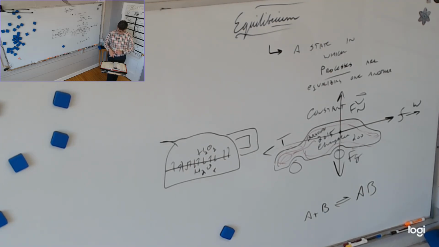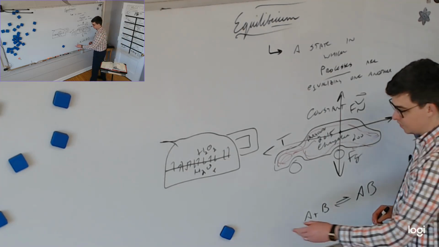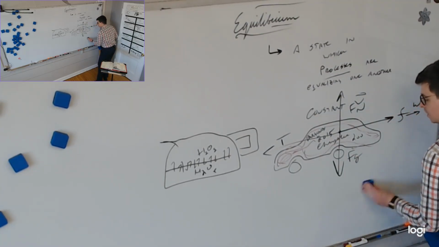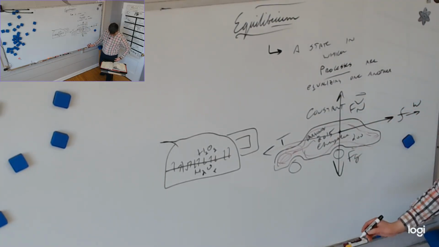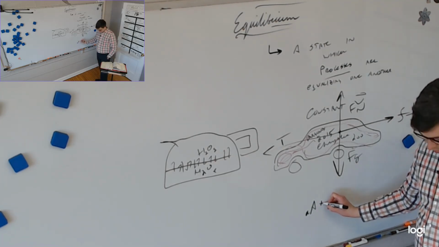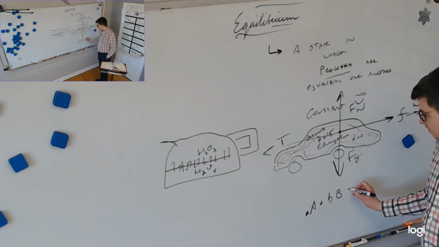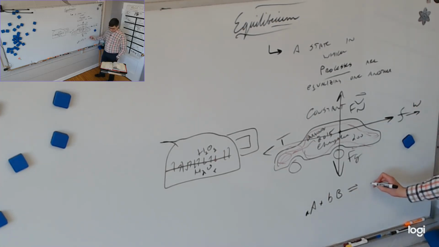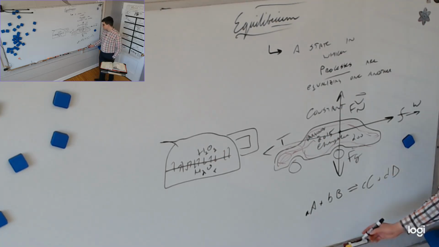The general equation for reaction and equilibrium is as follows. Let's write the equation they give us in the book instead of my kind of simplistic one. aA plus bB is in equilibrium with cC plus dD, where the lowercase letters are what?